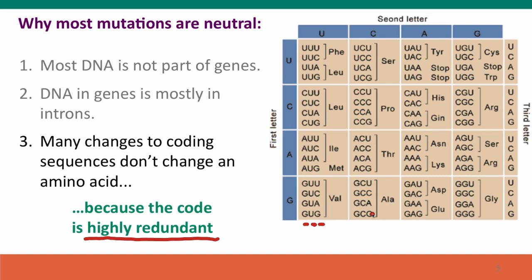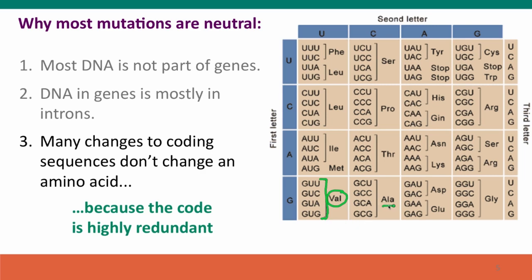So the result of the evolution of the genetic code has been that most amino acids, such as valine, are specified by groups of codons. Here, 4 related codons, which differ in their 3rd position, all specify valine.